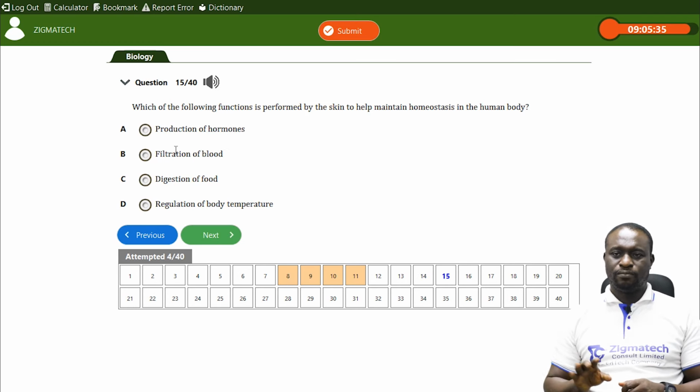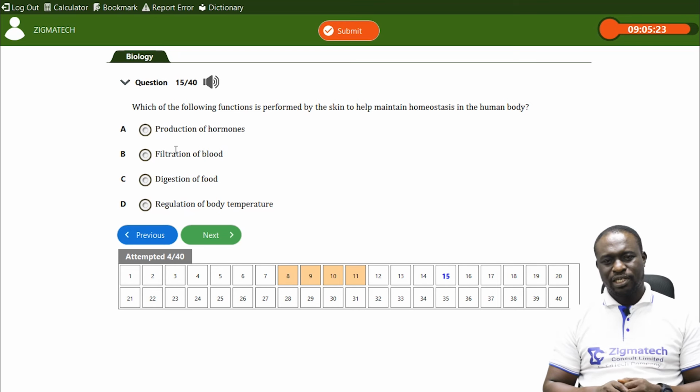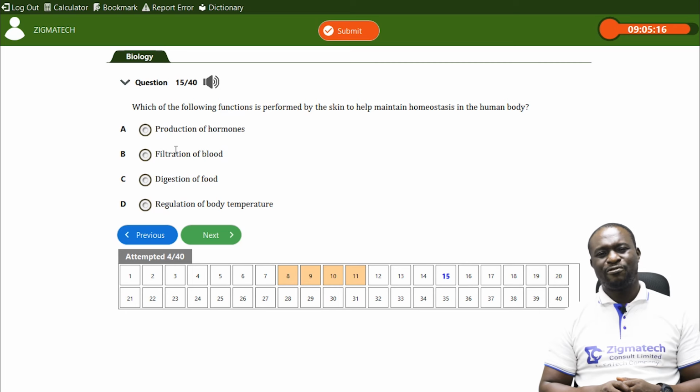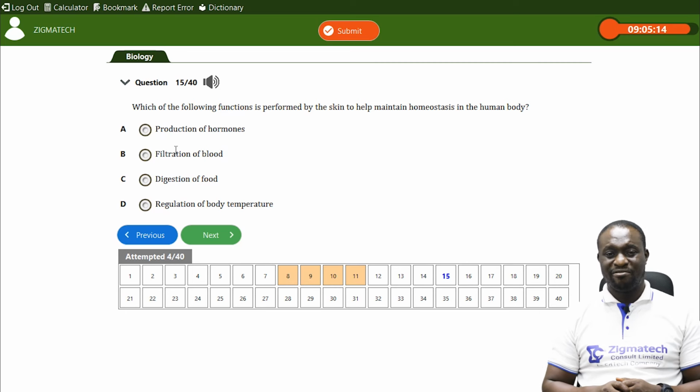Question 15. Which of the following functions is performed by the skin to help maintain homeostasis in the human body? Now, what is homeostasis? Homeostasis is the process by which the body maintains a fairly constant internal environment.